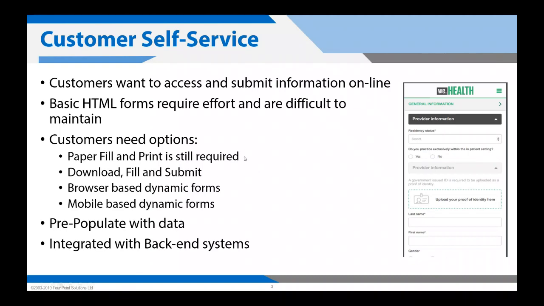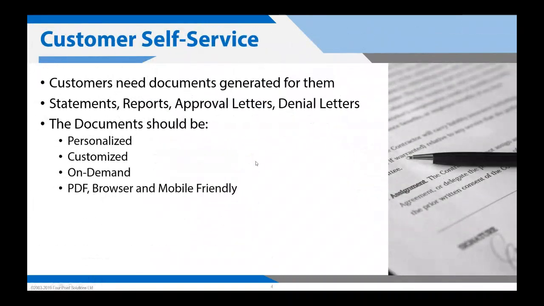But there's another aspect to customer self-service, and that's when the individual has submitted some information in, but they expect some information back out. They often need documents generated for them. These could be statements about their current situation, could be financial statements, could be reports, could be approval or denial letters. I'm sorry, your health claim was denied for the following reason.